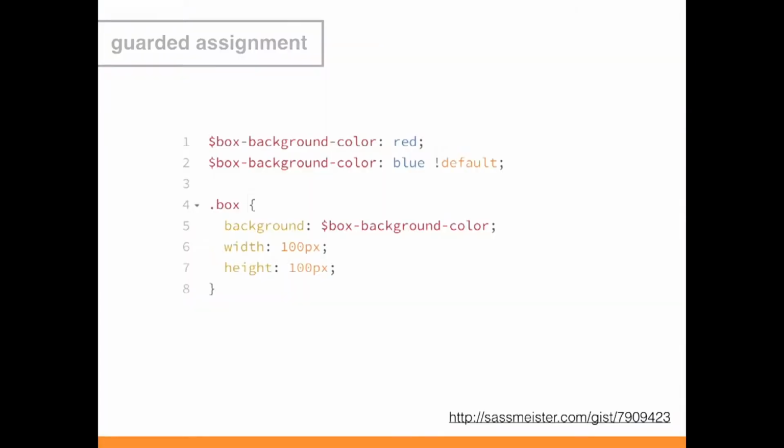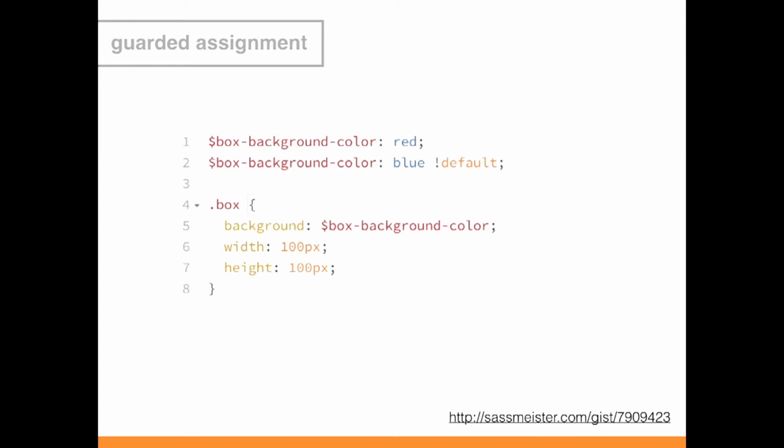So variables in Sass have this concept of a guided assignment. What it means is if you're building individual components, like a module that is maybe a breaking news module or a tab, you can provide it with a subset of default variables and provide those with default values. In this example, just assume that these two variables defined here are in separate files.